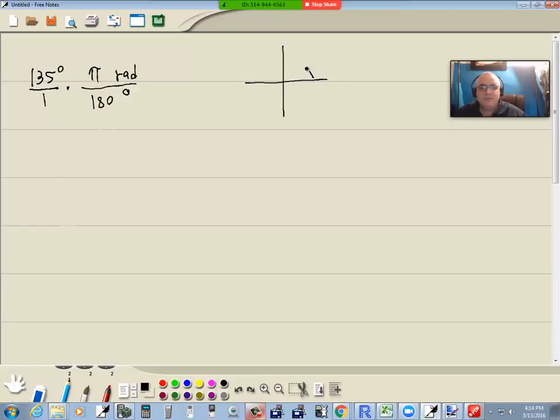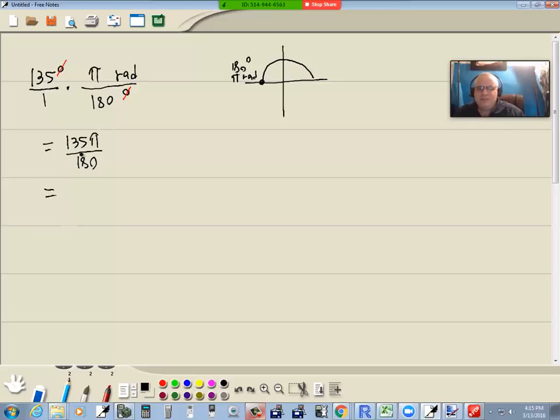If I look on the unit circle, clear over here at 180 degrees, it's equal to pi radians. So that's where I get that. Well, the degree marks would cancel there. So I'd have 135 degrees over 180.